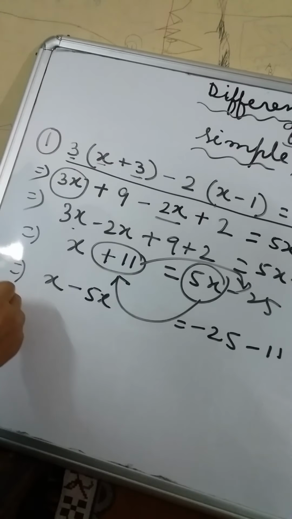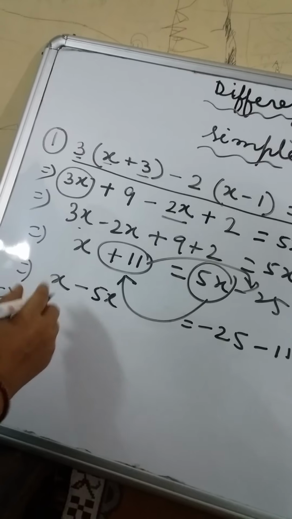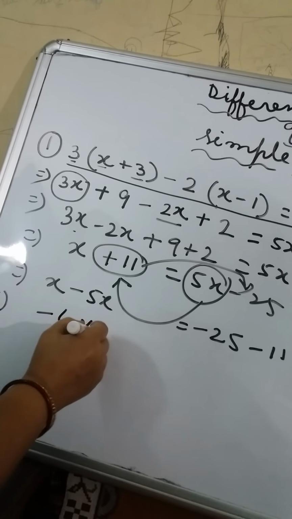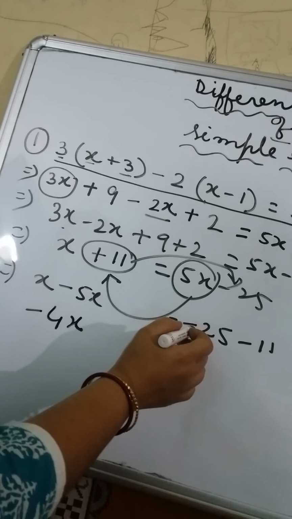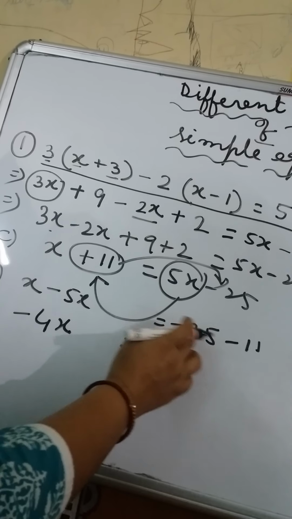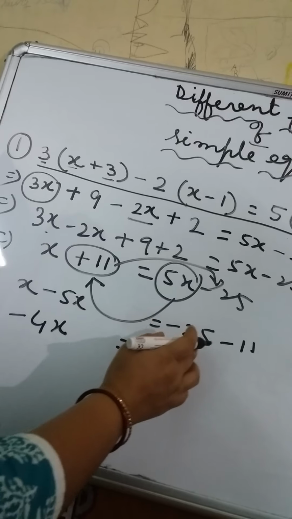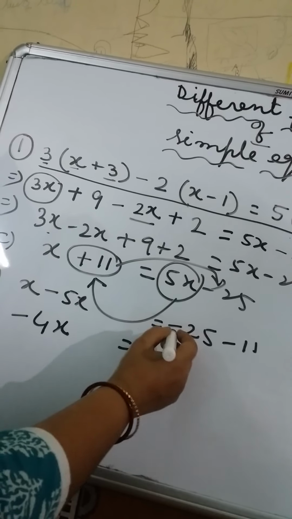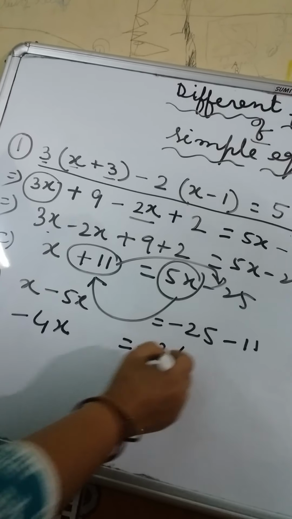Now x minus 5x is minus 4x, and minus 25 minus 11, both signs are the same, so you add 25 plus 11 is 36 and the sign is minus.